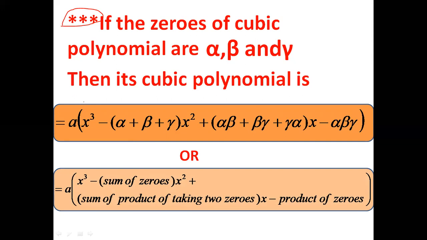Now we take one problem on this formula.